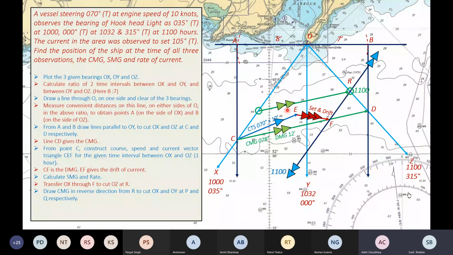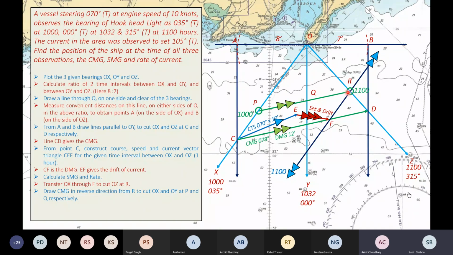Now this course made good, which we have drawn, cuts the first position line at this particular point. Let's name this as point P, Papa. This point P marks off the vessel's position at 1000 hours.